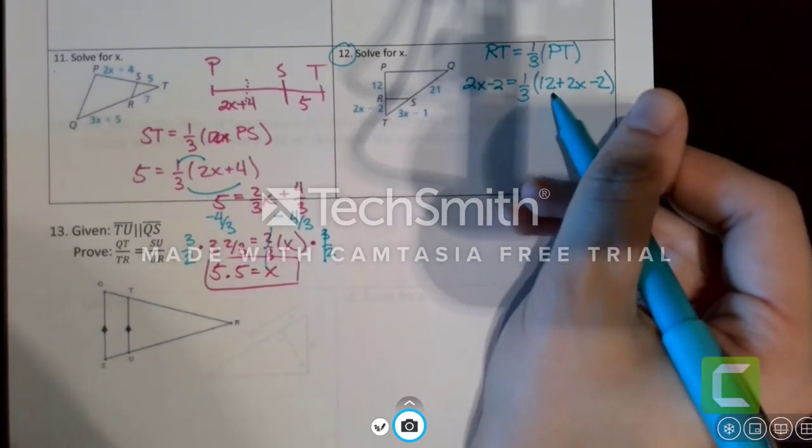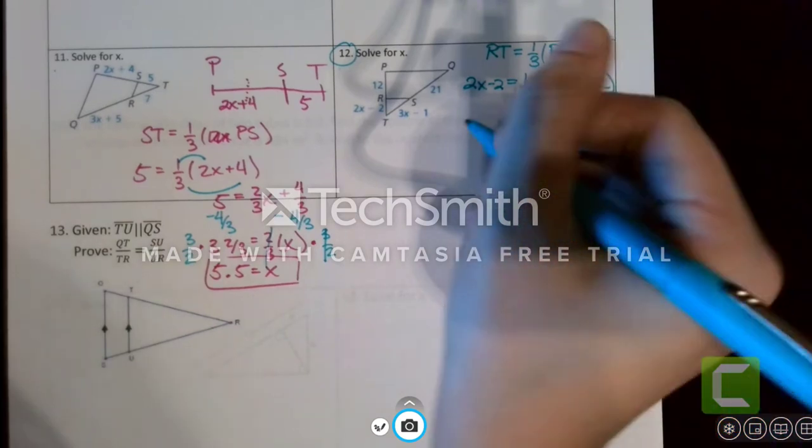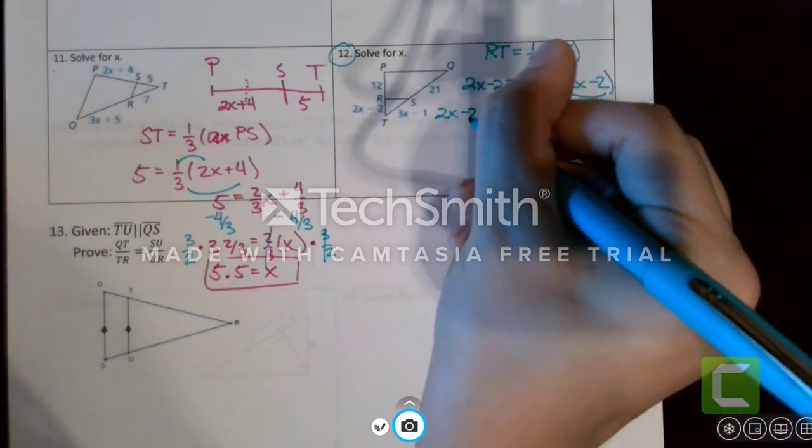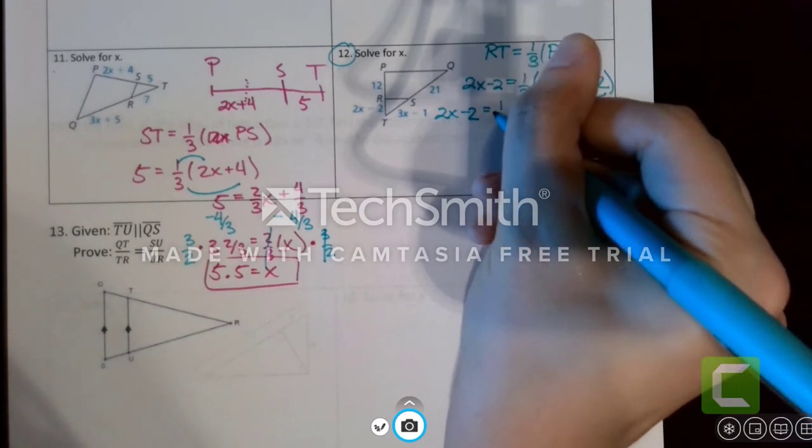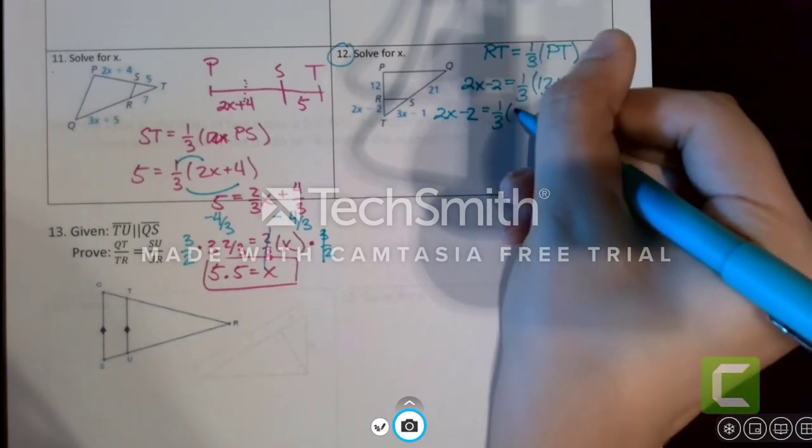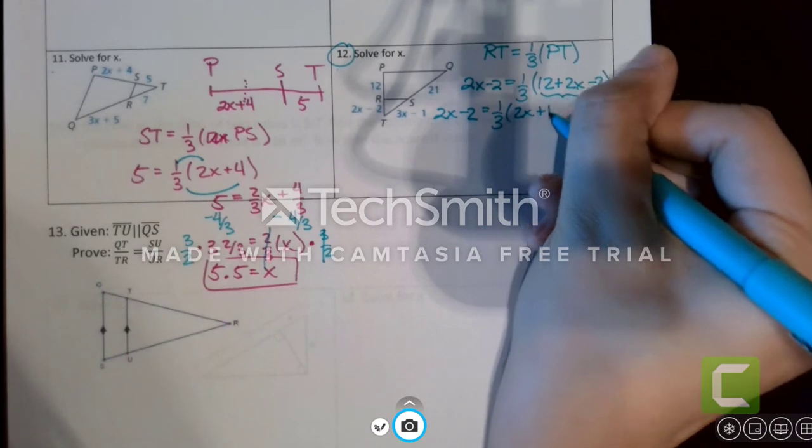If we add these together, you get 2x minus 2 is equal to 1/3 times 2x plus 10.